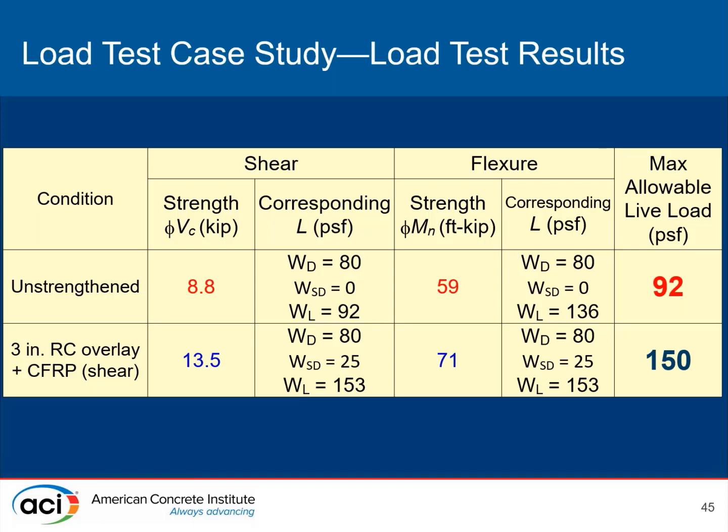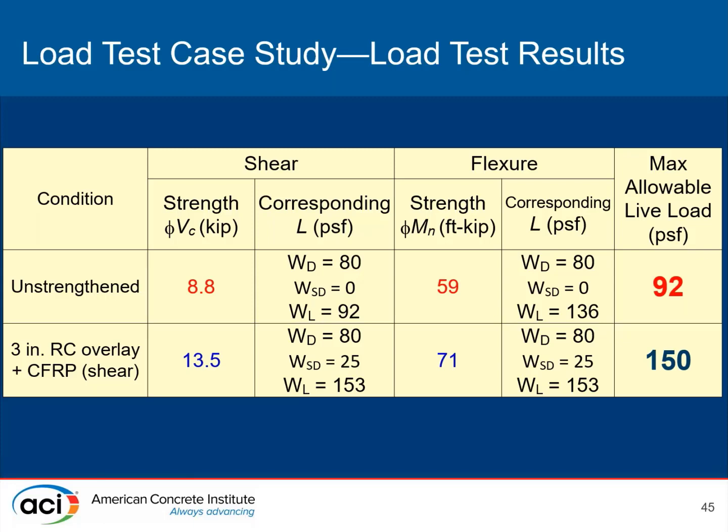And in flexure, the factored moment of 59 kip-feet corresponded to a live load of 136 pounds per square foot. So the limiting factor in the unstrengthened condition was the 92 pounds per square foot as the maximum allowable live load.